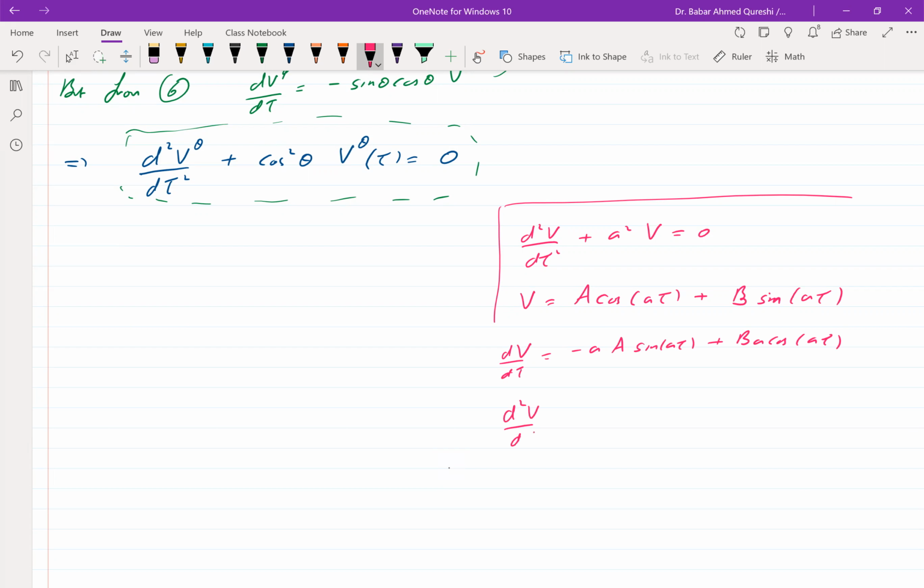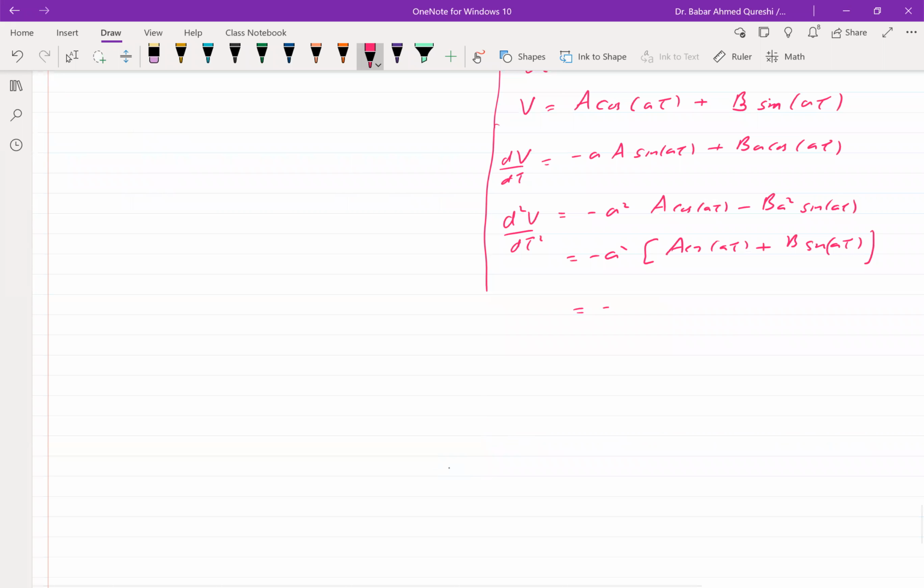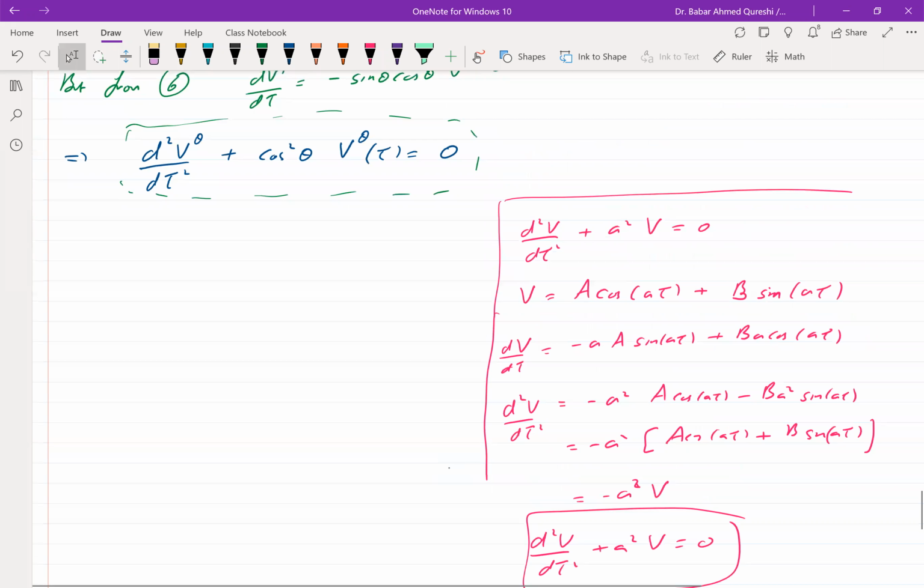I take another one, I get minus a square a cosine a tau minus ba square sine a tau. So I can take this minus a square common, and I get my original V back. So I satisfy my equation. So that means this is the solution.